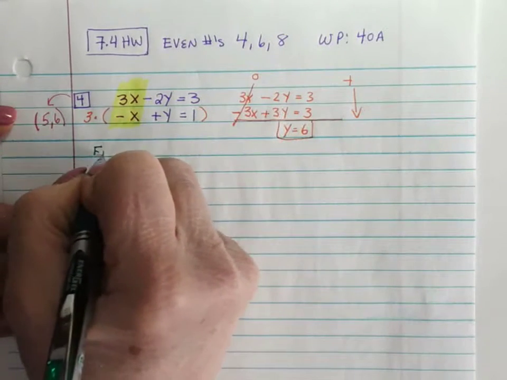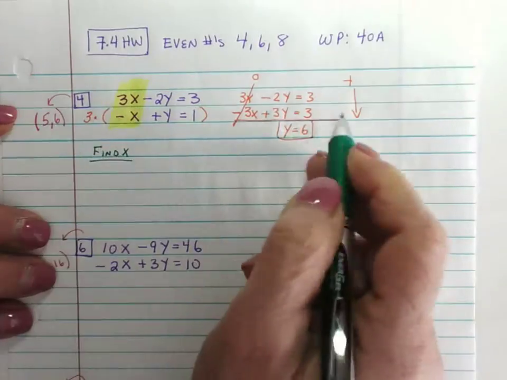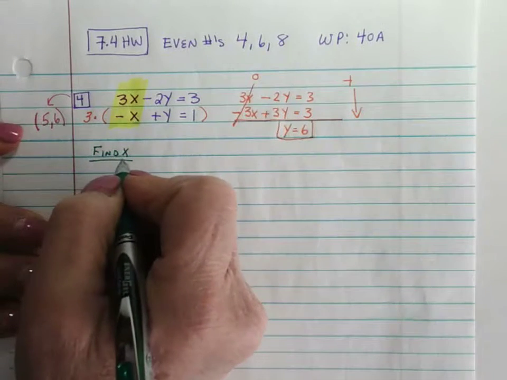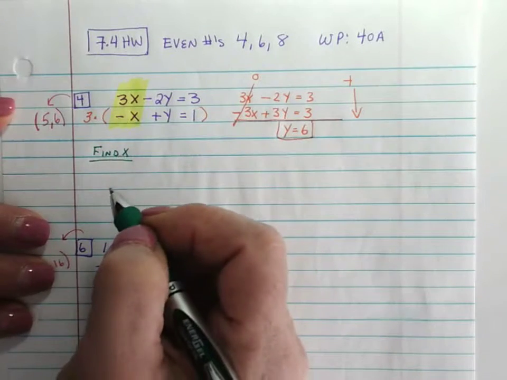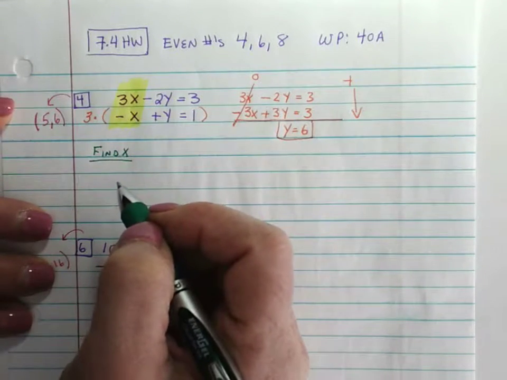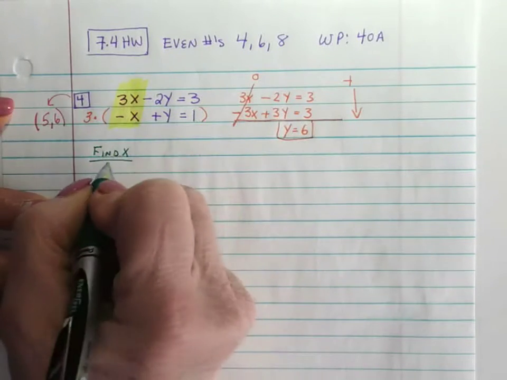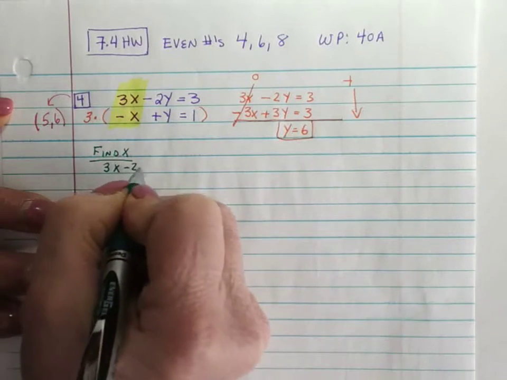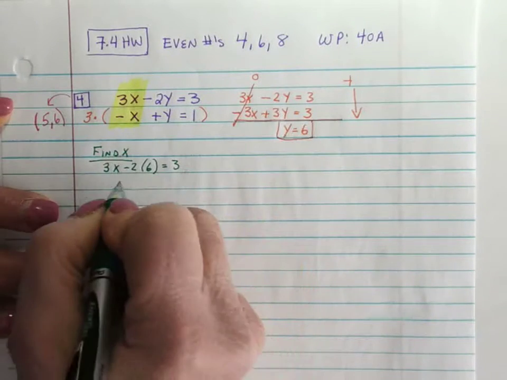Then I have to find x. Just so that I make sure that I understand where my work is, I usually write "find x" here. And I pick the easier equation. So I'm going to pick the first equation because I want to find x: 3x minus 2 times 6 equals 3.